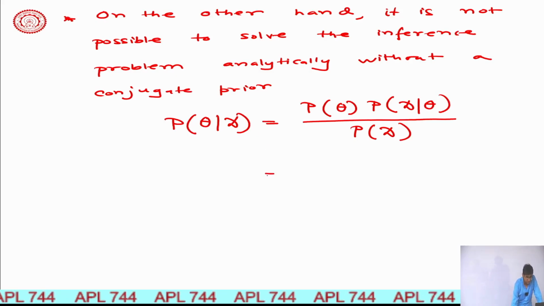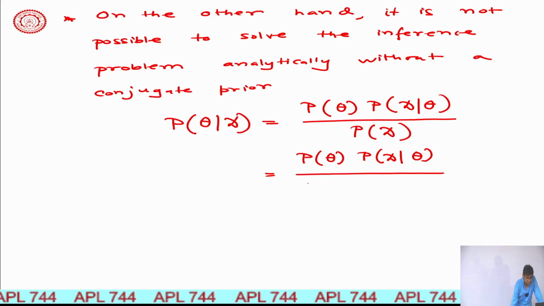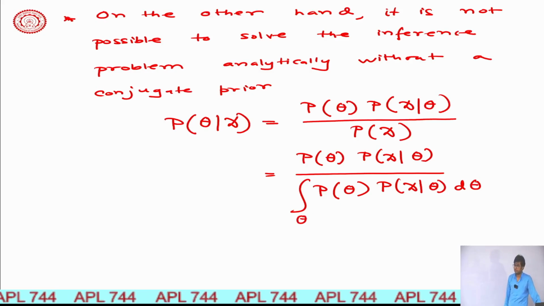And if I write the Bayes law in the most popular form, then the model evidence is equal to the integration of probability of theta, probability of D given theta, d theta. Okay. This is the known form of the Bayes law. And it is the denominator that creates the problem.